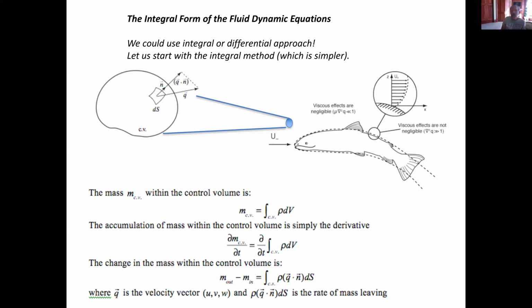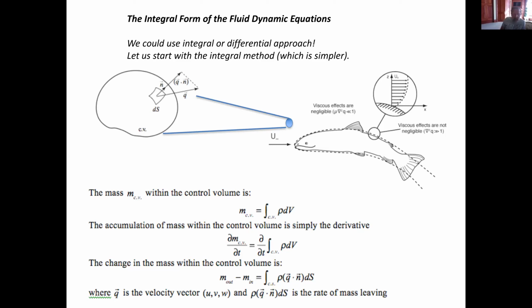Now, another crossroad: what kind of method are we going to use to define the equation? As I mentioned, there's integral, and we do the integral first, which is much simpler. And then we do the differential, which will end up more complicated, but in a sense, it's the same. We just apply it to little cubes of elements. So if you're ready, let us start.